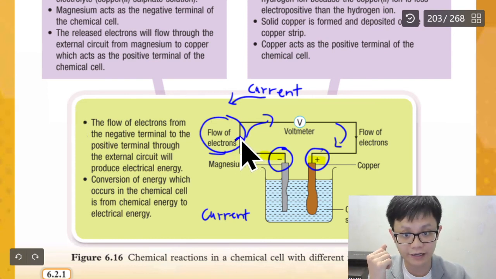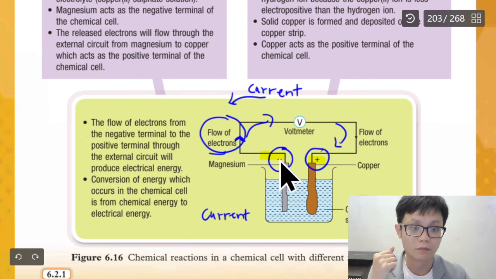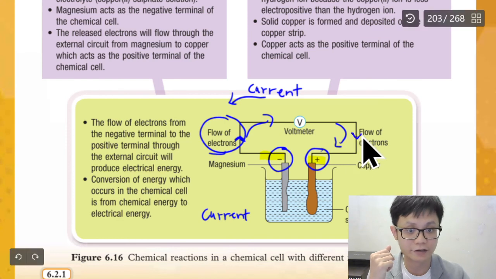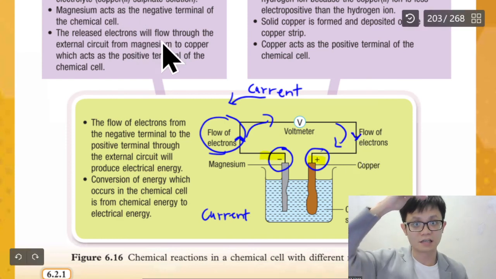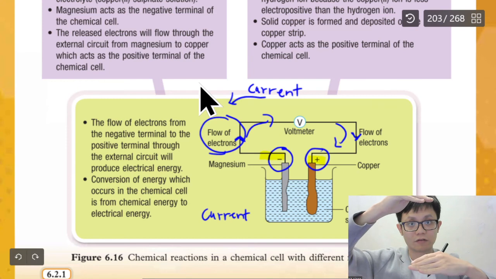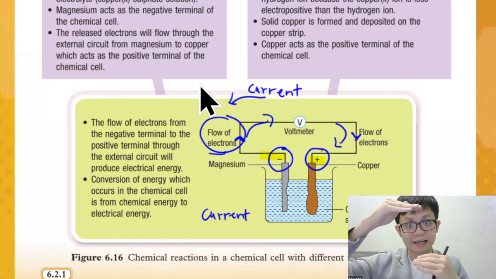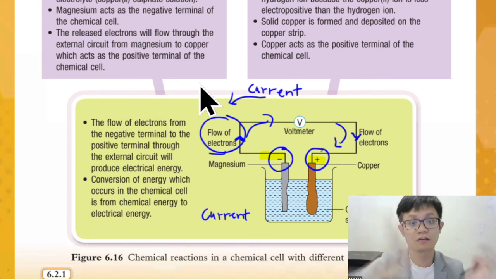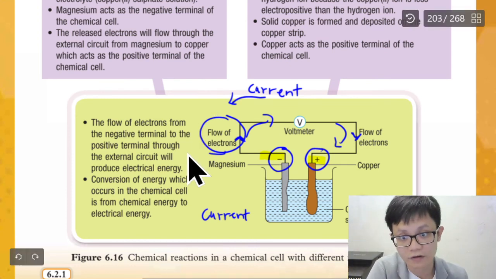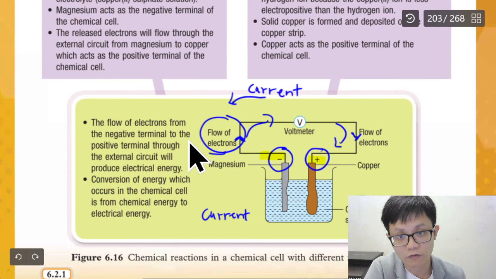I just draw the arrow from magnesium to copper. How do I know? Because magnesium is up, copper is down, so the electrons flow downward. If the question says current, then you draw upward, because current is the opposite of the electron flow.